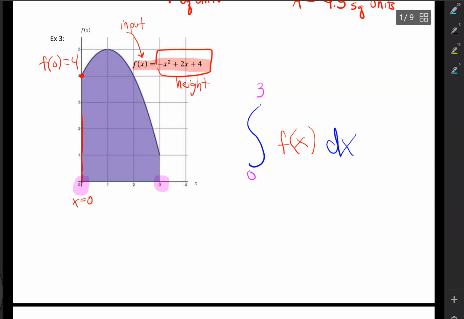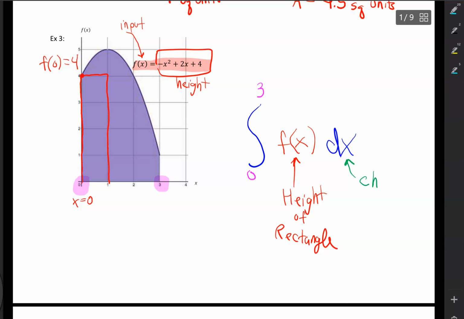And when I'm making the rectangle, that was the height of my rectangle, right? So this is going to calculate the height of your rectangle.